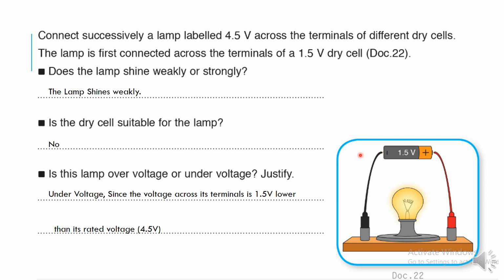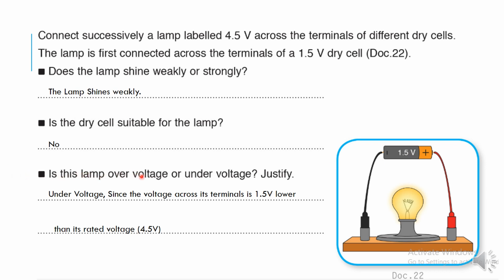We connect it to a 1.5 volts battery. Does the lamp shine weakly or strongly? The lamp shines weakly. Is the dry cell suitable for the lamp? No, it's not. As we said, to consider a dry cell suitable for the lamp, it must be close or equal to the rated voltage.